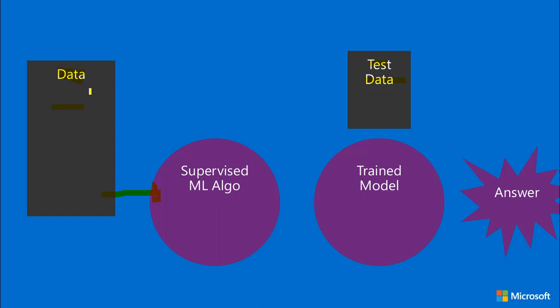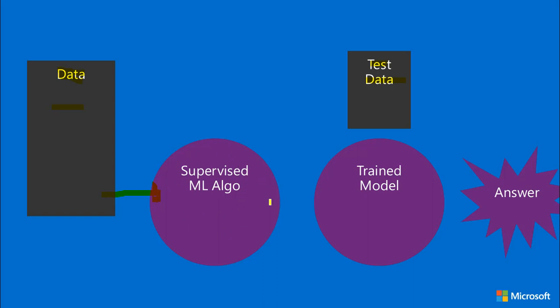That data would then go to a supervised machine learning algorithm. That might be a regression algorithm or any other kind of algorithm. Let's consider we want to predict price, that would be linear regression.